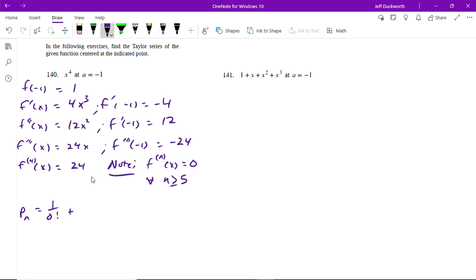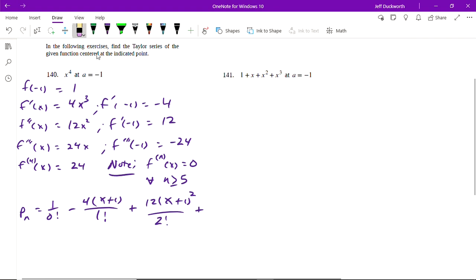So we're going to subtract 4 times x minus a, so that'll be x plus 1, minus -1, over 1 factorial. We're back to positive 12, and then we're looking at x plus 1 squared over 2 factorial. And that's a minus, not a plus.